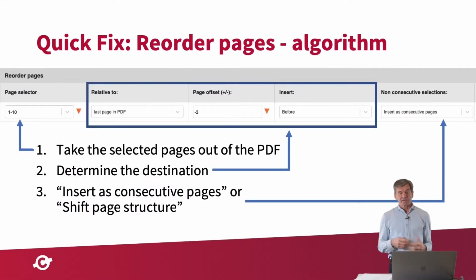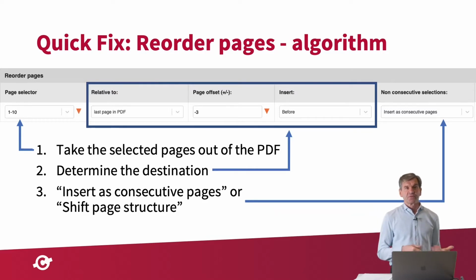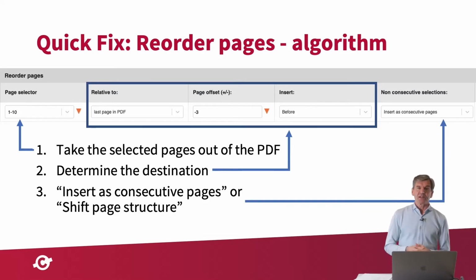And lastly, there is another quite powerful quick fix, Reorder Pages, that also works differently from the split or reorder action. Here I want to start with the algorithm. It also takes pages out of the original PDF file, using a page selector. Then it determines the destination. You first say relative to, and there you have the options last page in PDF, first page in PDF, last page in the selection, or first page in the selection.